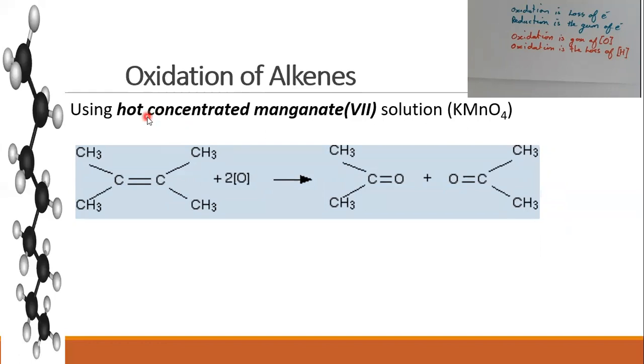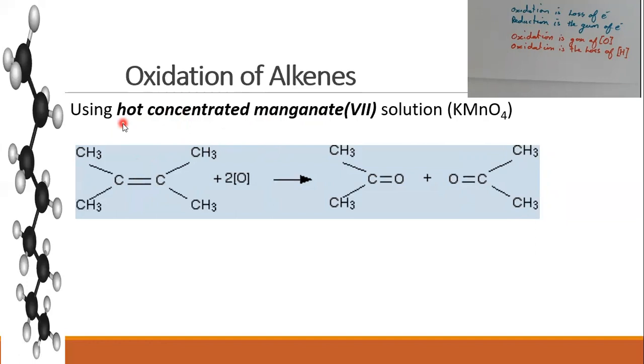Very important. When we use hot concentrated permanganate, right? So again, hot and concentrated. Now it's not just one bond in the double bond that breaks. We break the total double bond because it's hot and it's concentrated. It's got a lot of permanganate.